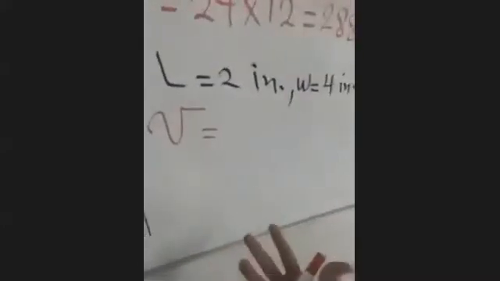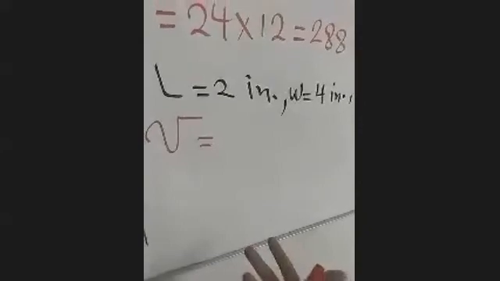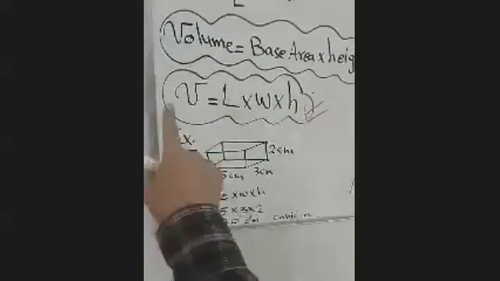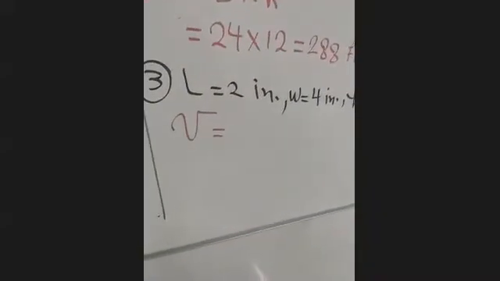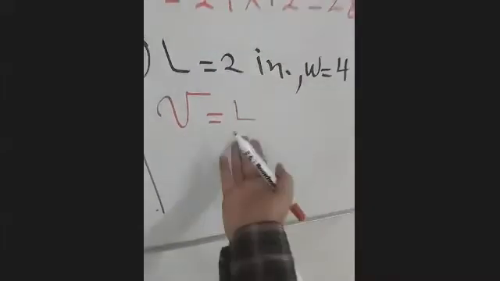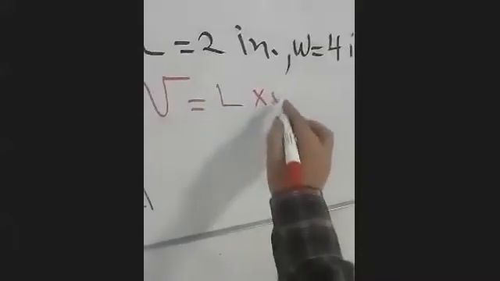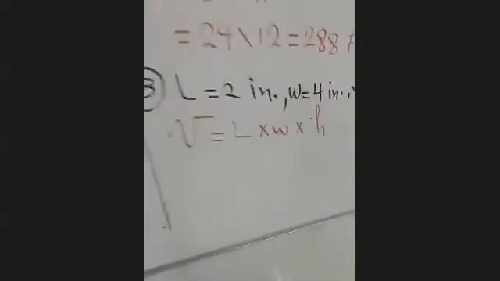What I mean by the formula, do you know? This we call the formula. Okay, what is the formula? L multiply W multiply H. What's L? Length. So length multiply width multiply height, right? This is the formula, this is the first step, this is what we need to do at the first step, get it?